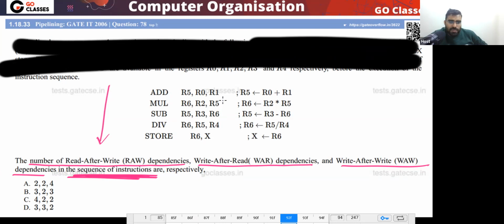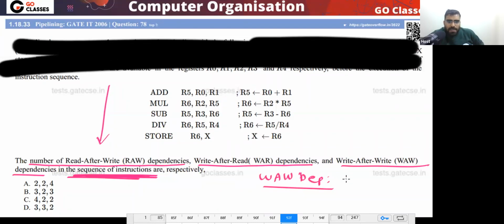So here, in the sequence of instructions, how many? First, let's check for WAW. How many WAW dependencies do we have? You can notice that these are the registers we are writing.